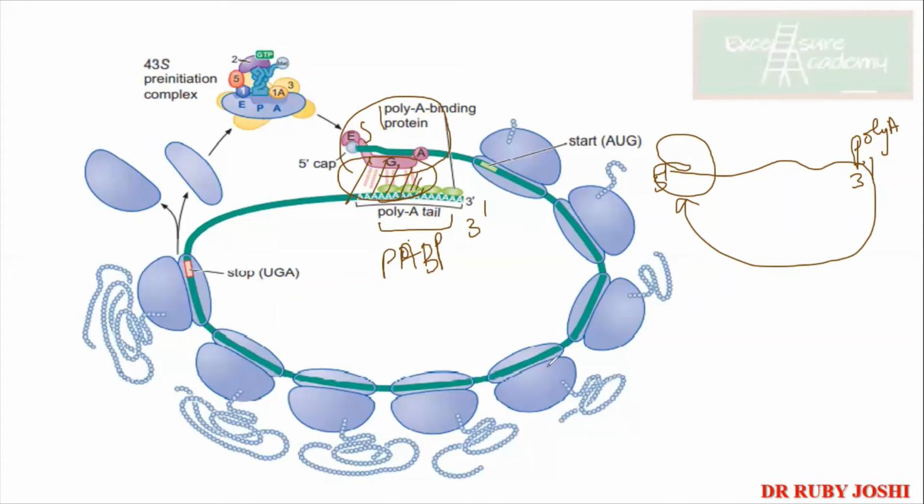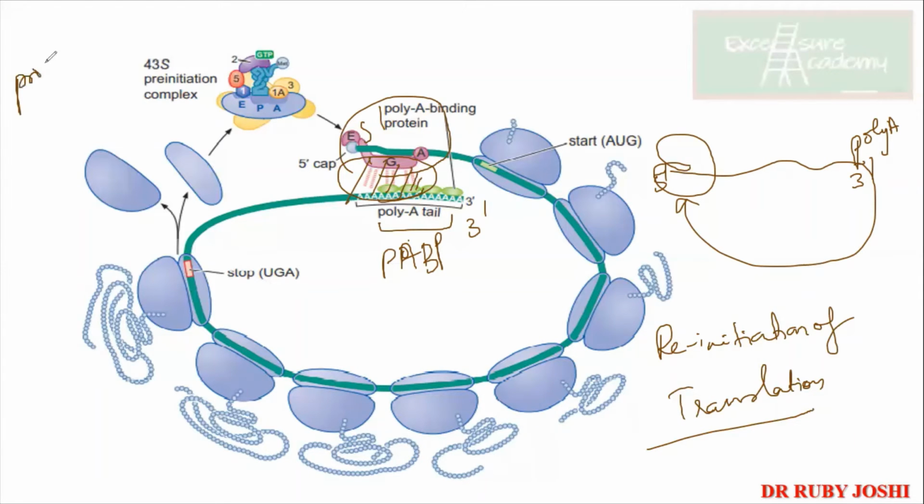See, the thing is that when you keep the mRNA in a circle, the reinitiation of translation becomes easy. So as I said before also, the same mRNA can be translated again and again, जहाँ पे you can get several copies of your protein, right? Now for this to happen, if you could keep the tail near, जहाँ पे जैसे ही यहाँ पे termination होगा, okay, the stop codon will be present.